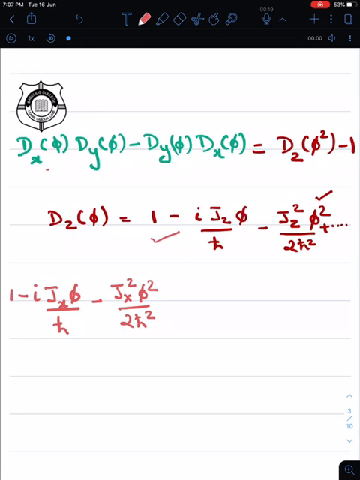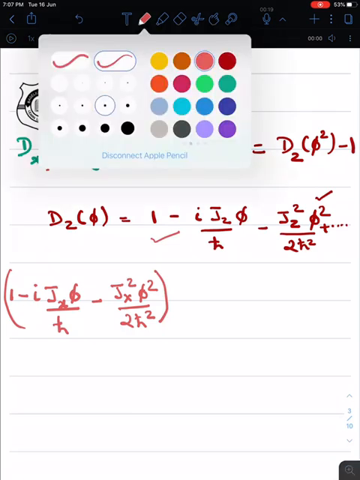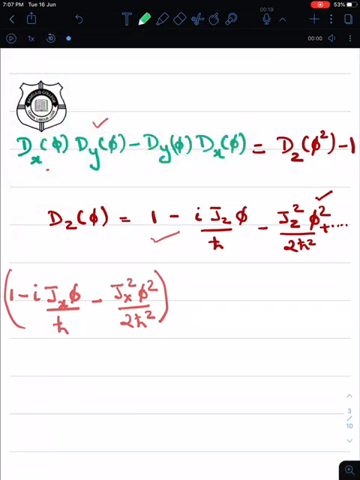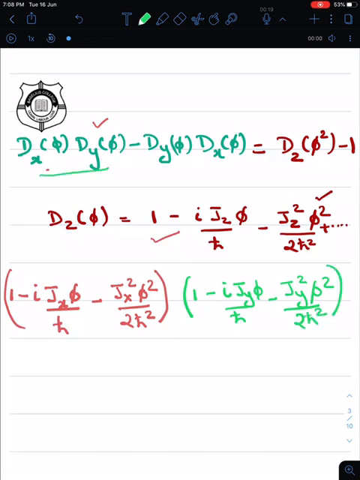We will just limit to the second order terms. This into Dy(phi), so it will be 1 minus i Jy phi by h cross minus Jy square phi square by 2 h cross square. So that completes this term.